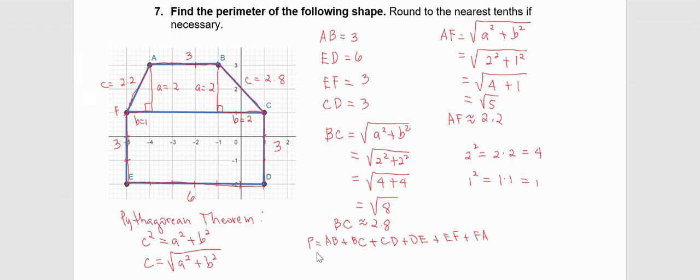By substitution, AB is 3, BC is approximately 2.8, CD is 3, DE is 6, EF is 3, AF is 2.2.